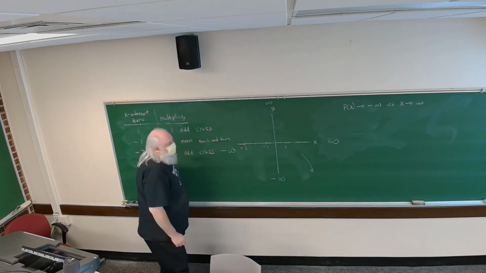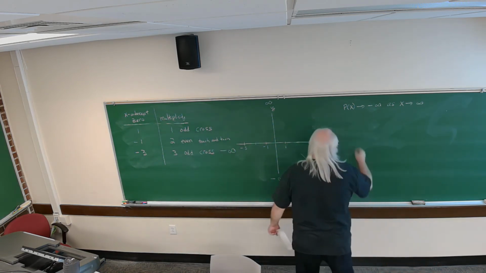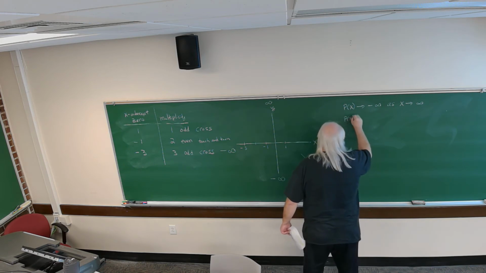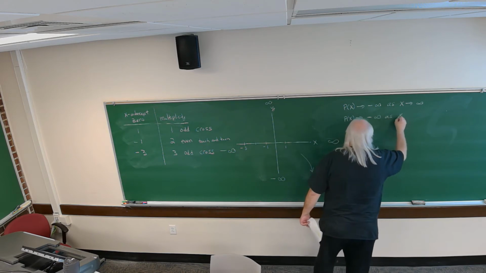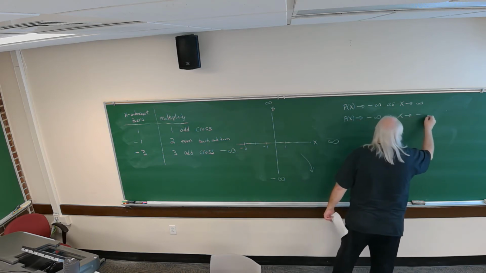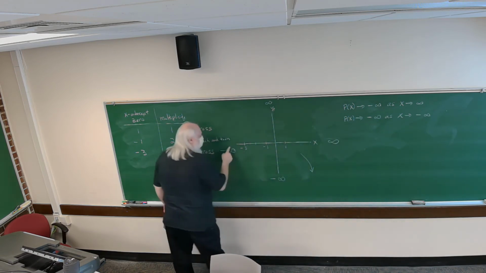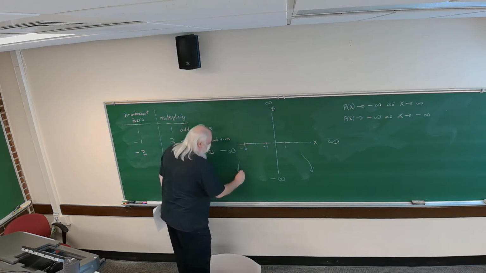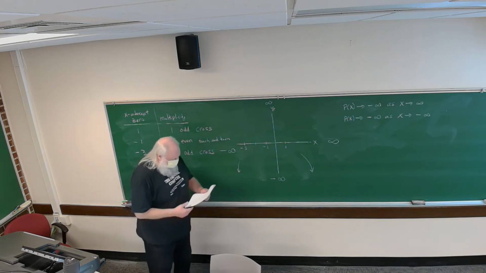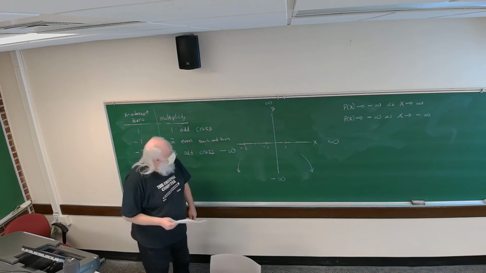Okay? And then the second condition is that P of x goes to minus infinity as x goes to minus infinity. So that means the further out you go on the left side of the x-axis, the further down the graph goes. Okay? So both ends of the graph of this polynomial function are going to fall.